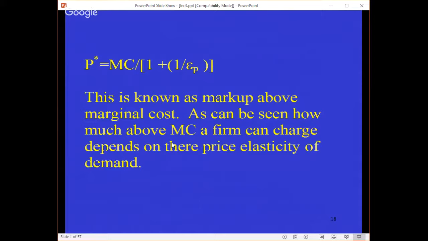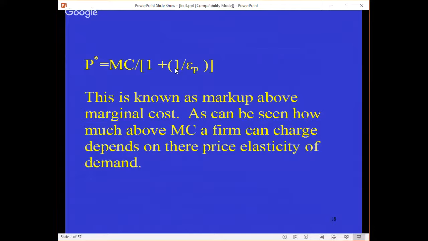The amount that I can charge above marginal cost is going to depend on elasticity, right?